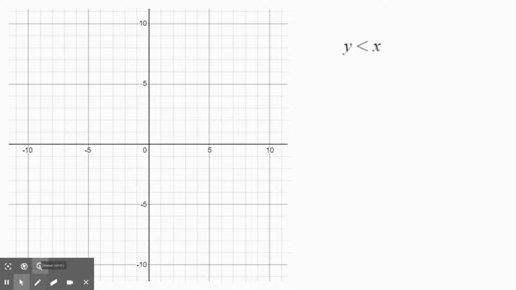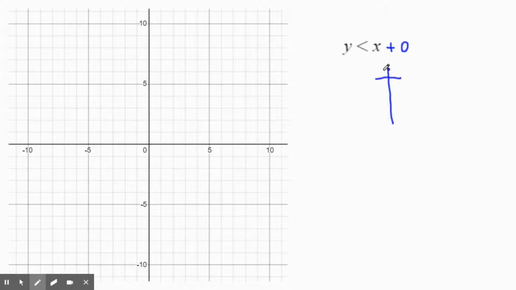Let's graph the first inequality. Y is less than x. Now before we get started, I'm going to really show you the slope-intercept form here. If we were to make a table and plug in 0 first, you would get 0, 0.